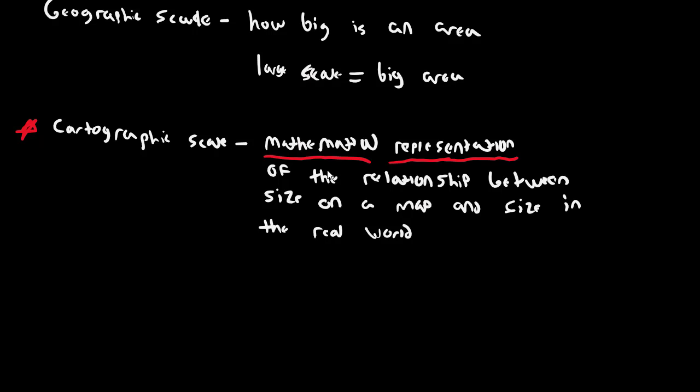If we remember the representative fraction, the RF, we have the distance on the map to the distance in the real world. So if we had a 1 to, say, 1,000, this would mean 1 unit on the map is equal to 1,000 units in the real world. We call it a representative fraction because you can write it as a fraction.